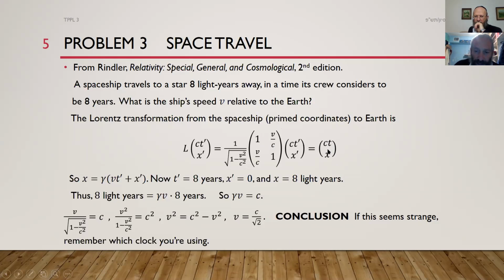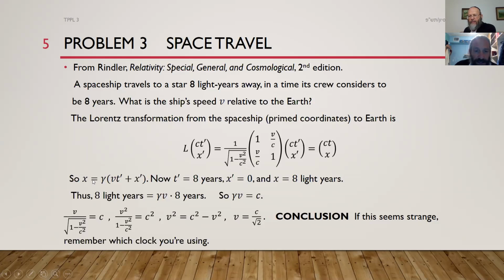So let's look at the calculation of this. x is gamma (v t prime plus x prime). Now t prime is the time measured in the spaceship, and they say 8 years have passed. x prime is the location of this clock, which we can take arbitrarily to be the origin.